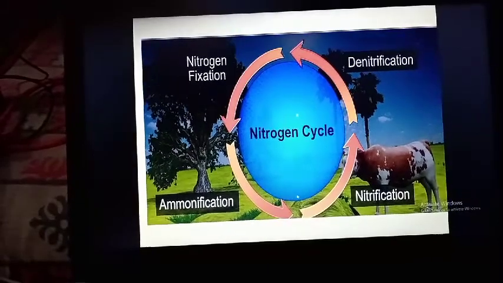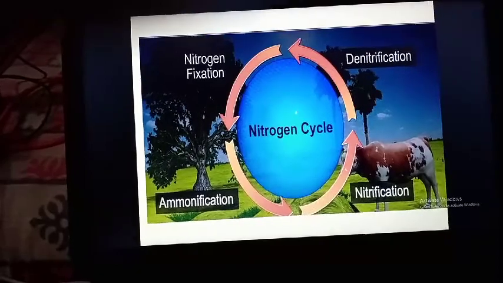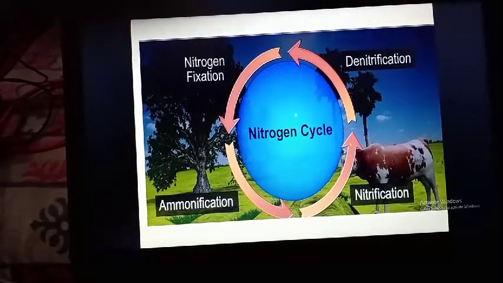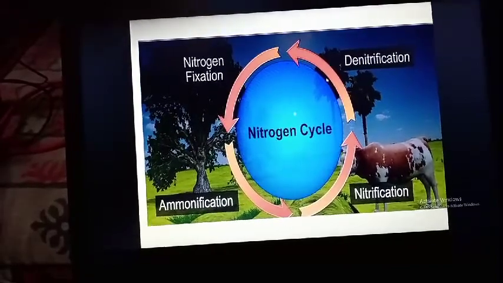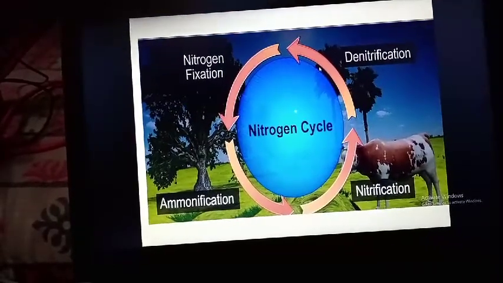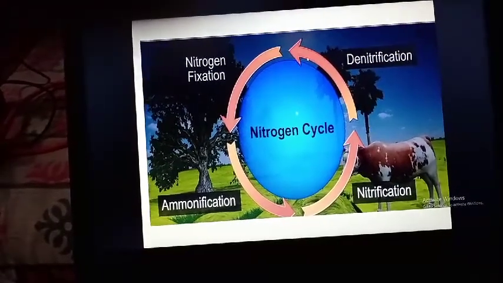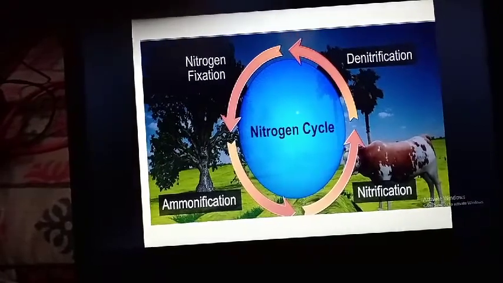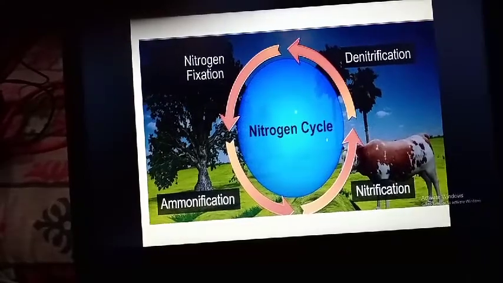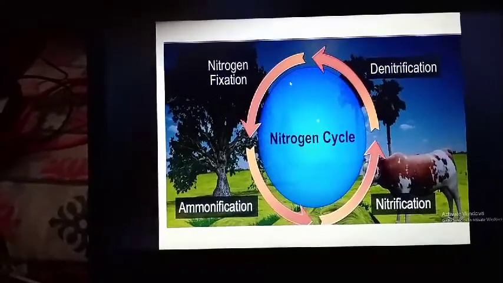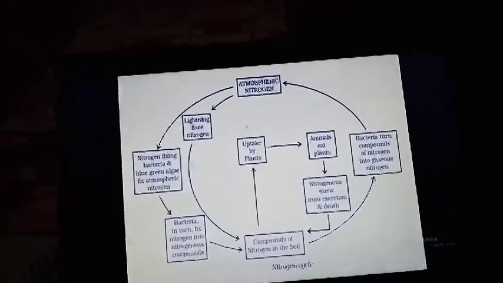Then through nitrification, it becomes nitrites and nitrates, and through denitrification, the nitrogen is released from nitrogenous compounds and becomes part of the nitrogen in the atmosphere. So the nitrogen cycle is completed. So this is the nitrogen cycle in pictorial form.